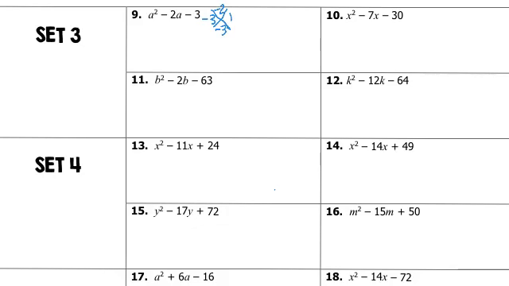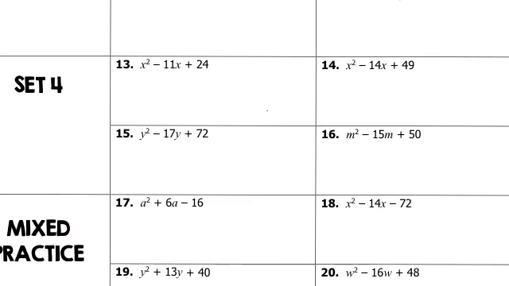And so we would get a minus 3 and a plus 1, which would give us a squared minus 3a plus a minus 3, which gives us a squared minus 2a minus 3. So I'll let you do those, and then let's check on set 4.